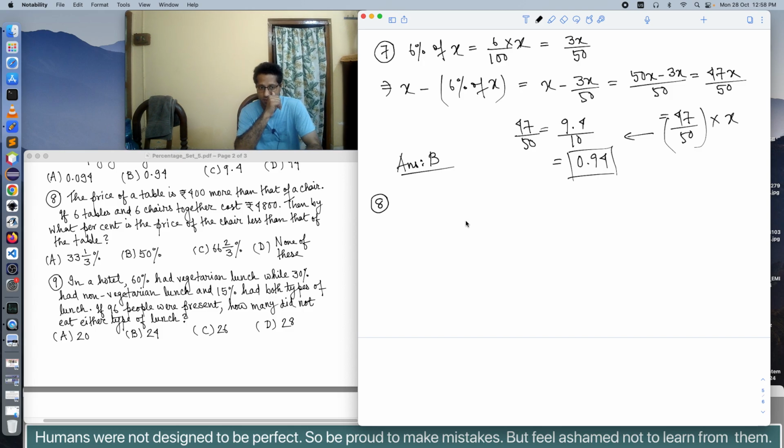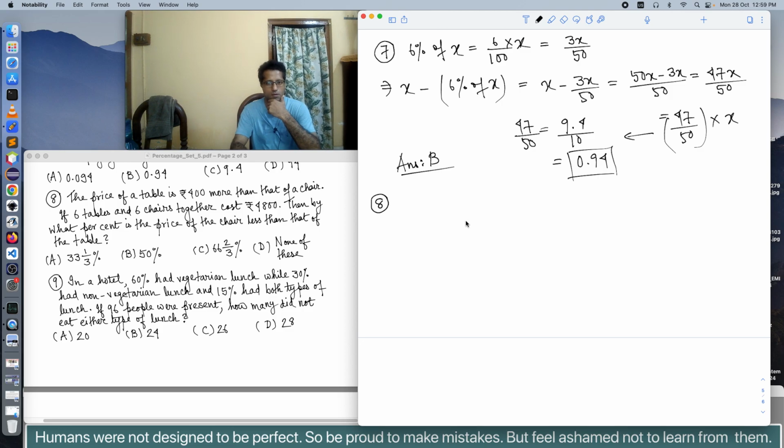It is also given that the price of a table is rupees 400 more than that of a chair. Now only the difference is given. To find the percentage by which the price of the chair is less than that of a table, we must find the price of a table.